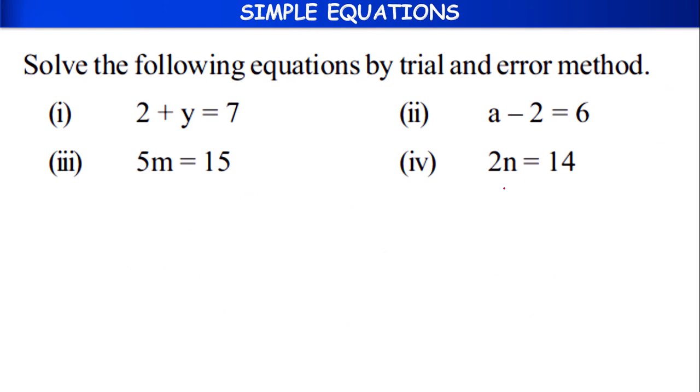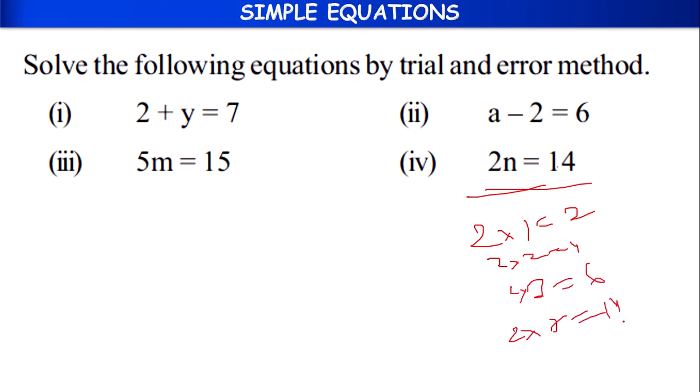So, next, in the same way, 2n equal to 14. Let's start with 1. 2 into 1, 2. Wrong. 2 into 2, 4. Wrong. 2 into 3, 6. Wrong. Like that, 2 into 7, 14. Right. So, for the fourth question, n equal to 7 is the solution.